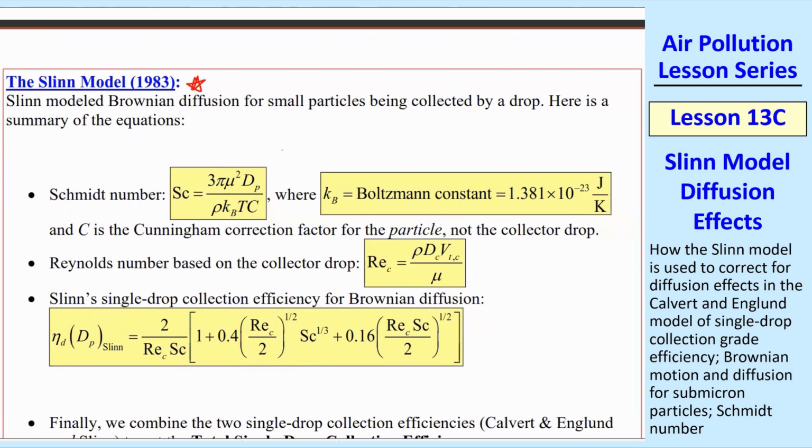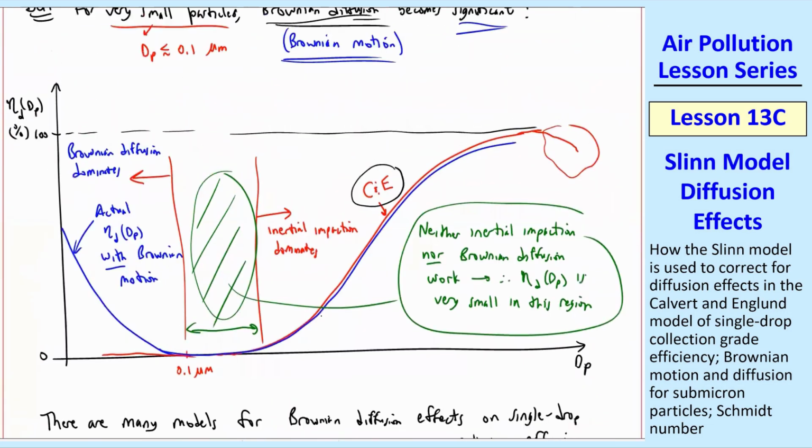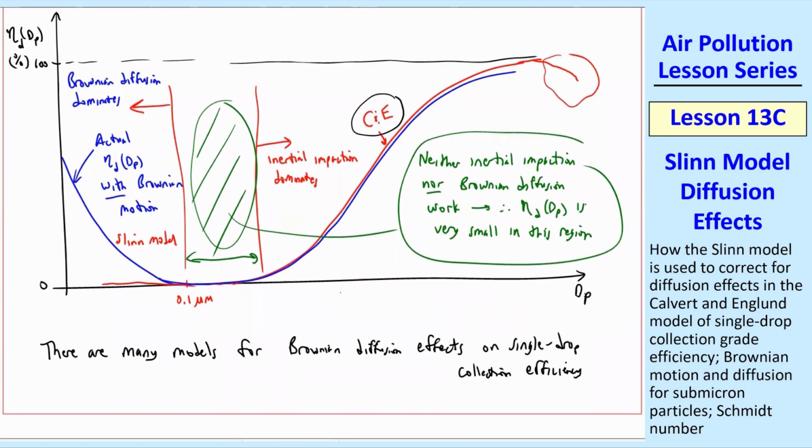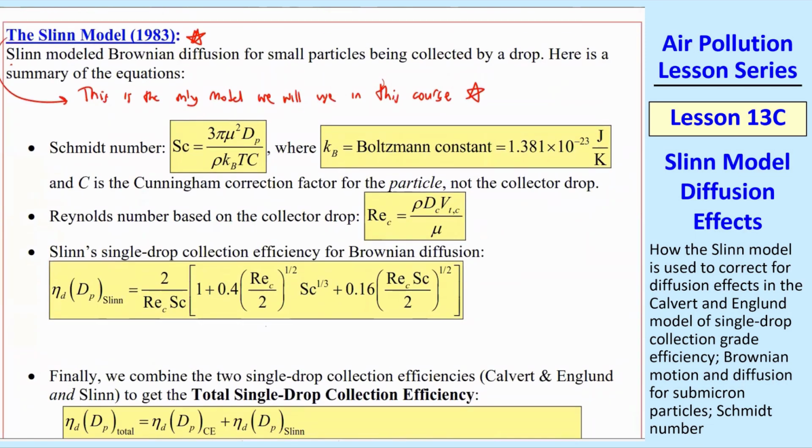This is perhaps the simplest model out there, and this is the only model we'll use in this course. What we're actually going to do is combine the CE and the Slinn model, so we'll use the Slinn model here. But since it goes to zero for large particles, and since CE goes to zero for small particles, you can just add the two up without harming anything. And that's exactly what we'll do. We'll just add those two up for our total removal efficiency.